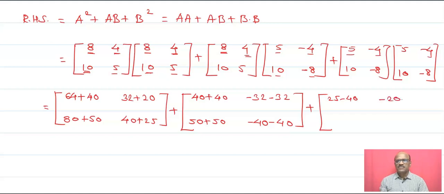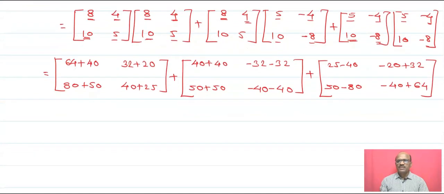See this, and this is the value of b square. Therefore now their respective addition will be there.